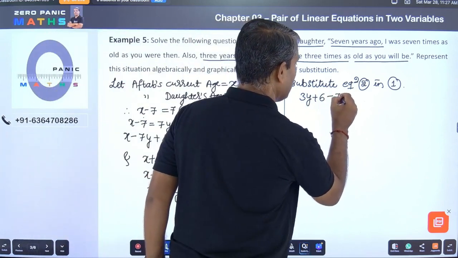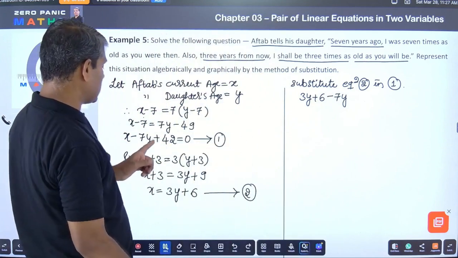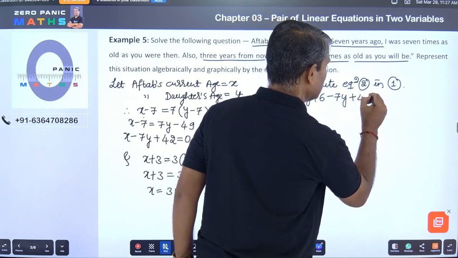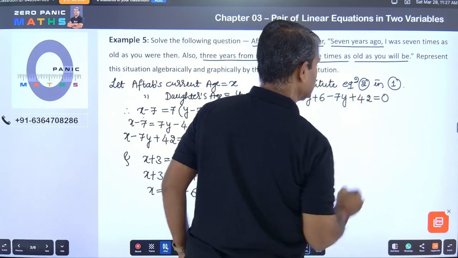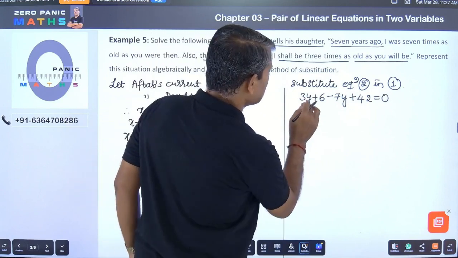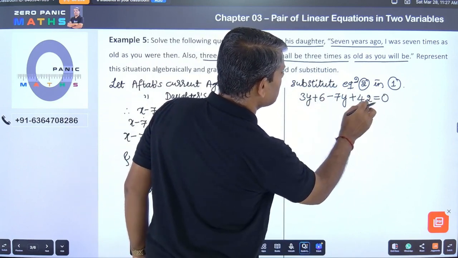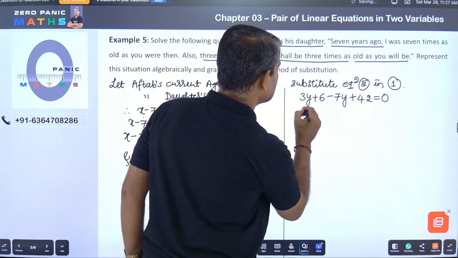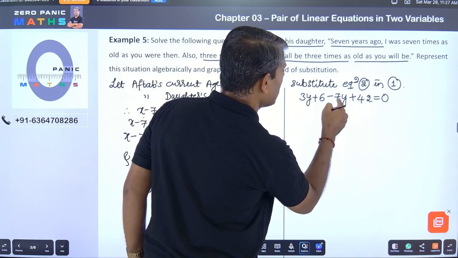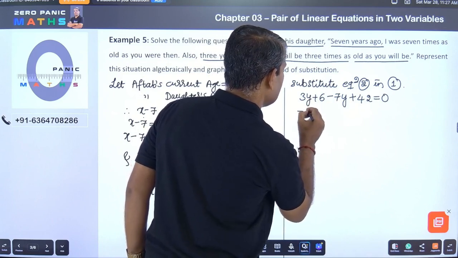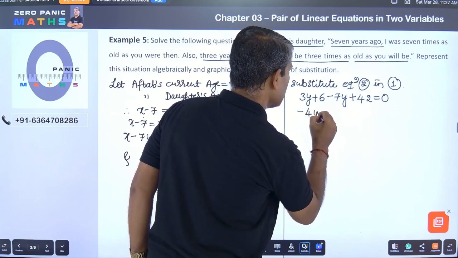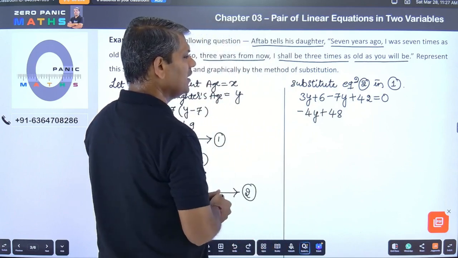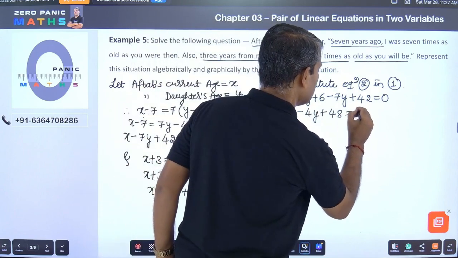Let us write the remaining terms of that equation. Minus 7y plus 42, right, is equal to 0. Now resolve this. So it is 6 plus 42, 48, and this is 3y minus 7y, it is minus 4y plus 48, right, is equal to 0.